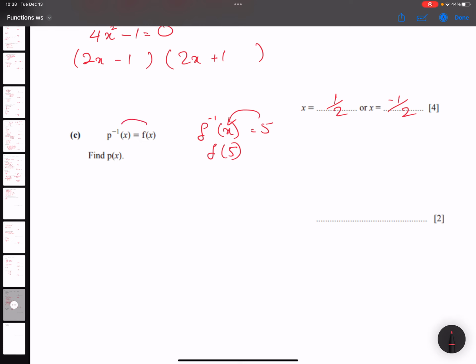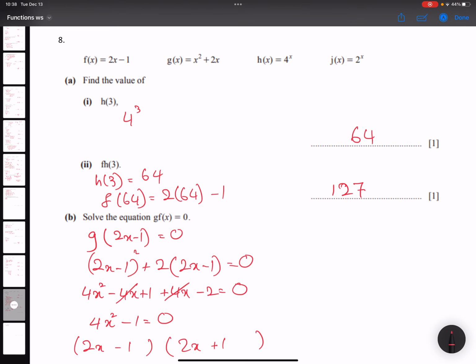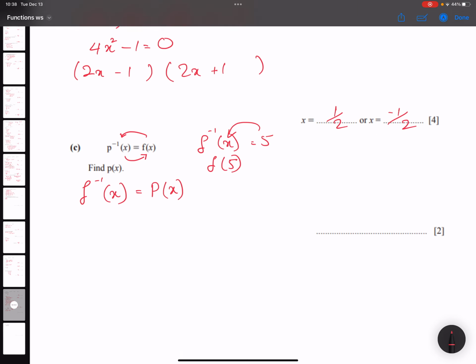I would bring this here to become the input, and I would bring this here to become the output. So I can say f inverse of x is actually p of x. Then I would find f inverse of x, and f inverse of x is y equals 2x minus 1. So y equals 2x minus 1. y plus 1 over 2 equals x. So it's just x plus 1 over 2.